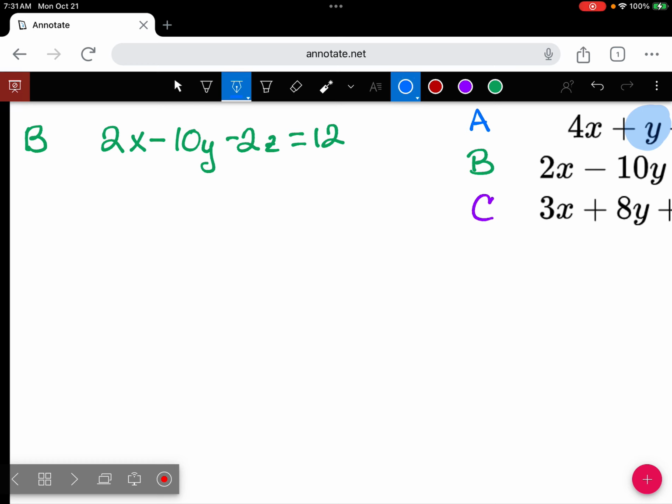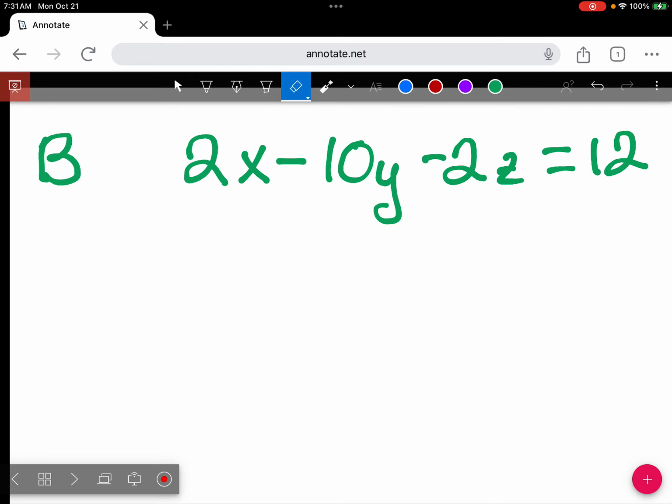And I'm going to use my A, but I want my y's to cancel out, so I'm going to take my A equation, but times 10, so that I have that same coefficient opposite sign. A times 10. There we go.